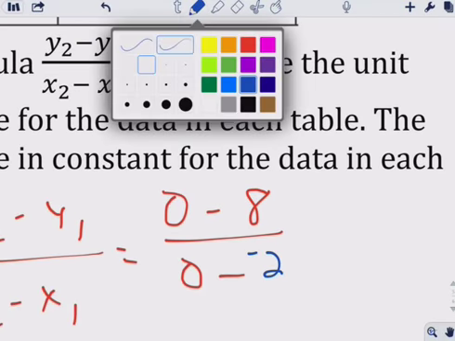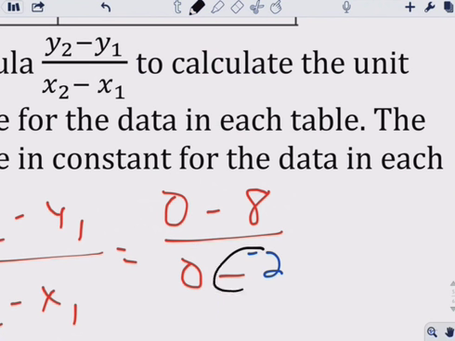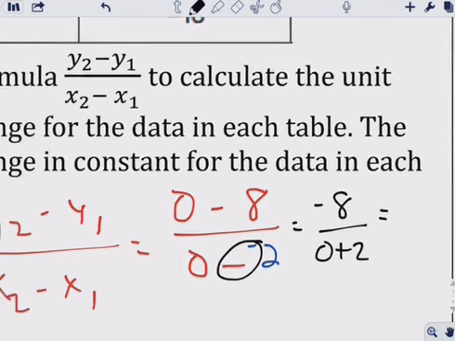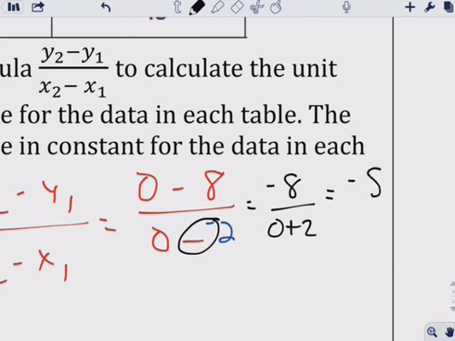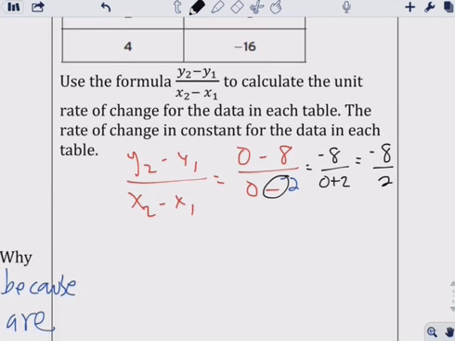You change this into an add, so you got -8 over 0 plus 2. That gives you -8 over 2, which is your rate of change, which is -4 over 1. That's your unit rate.